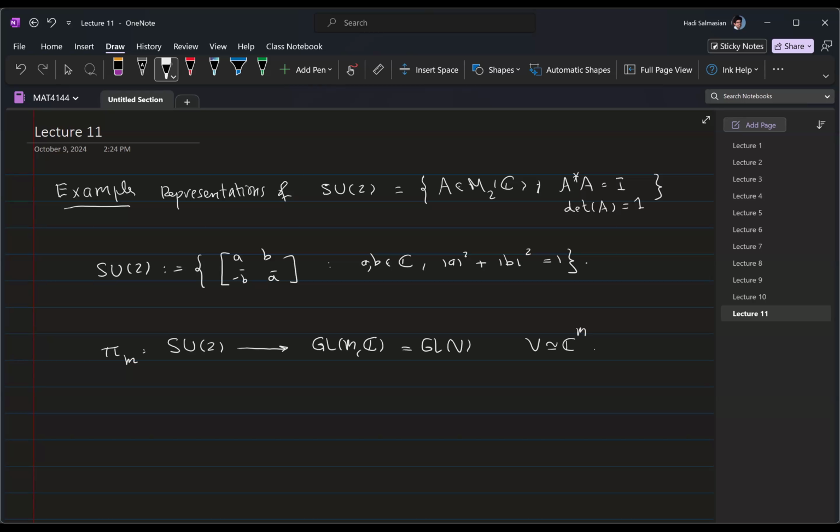In fact, why don't I shift my indices a bit. I would like to give the representation on an m+1 dimensional space.